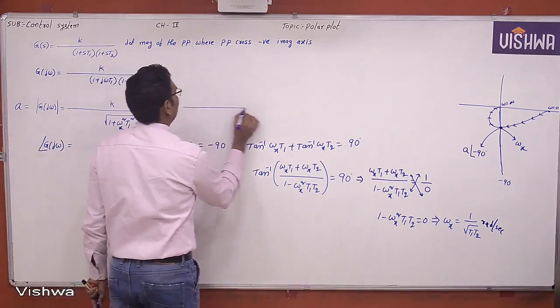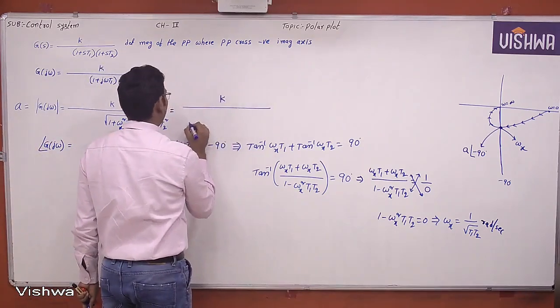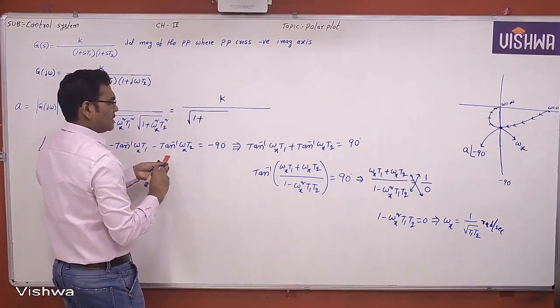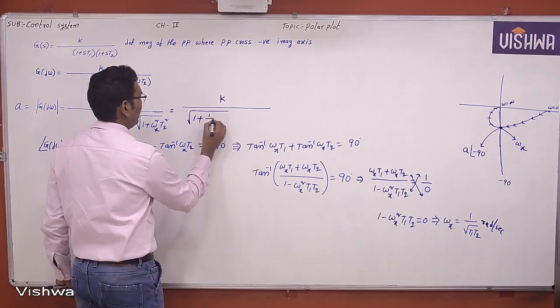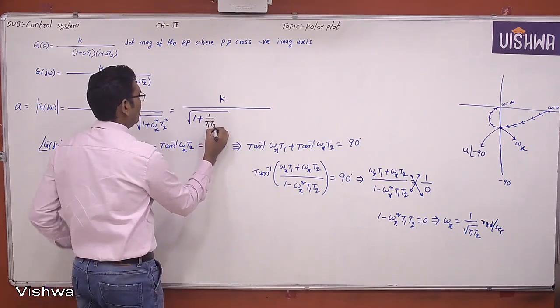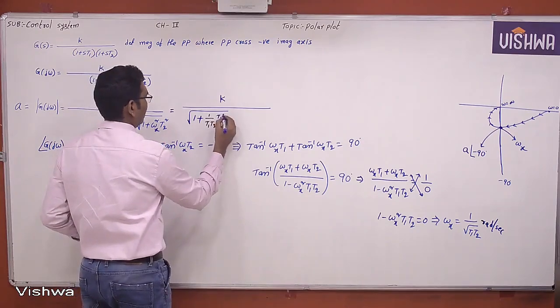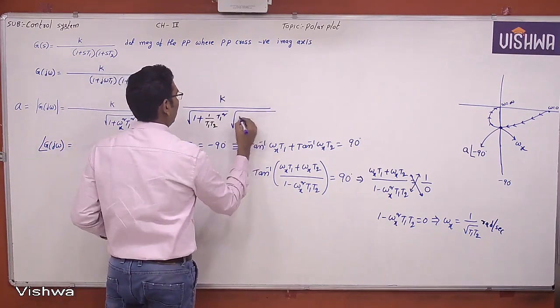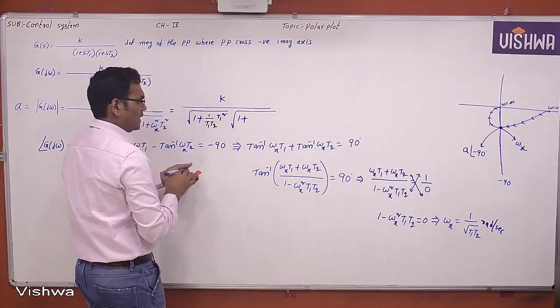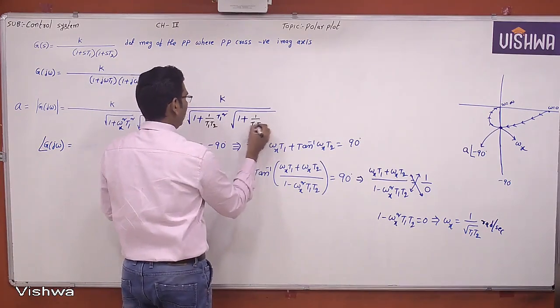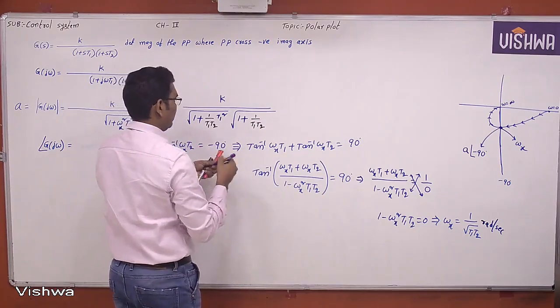Now which is equal to k divided by square root of 1 plus, what is omega x square? Omega x square is nothing but 1 by t1 t2 into t1 square. Square root of 1 plus, what is omega x square? 1 by t1 t2 into t2 square.